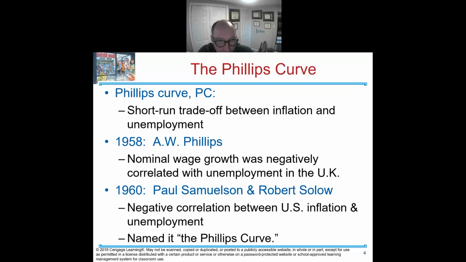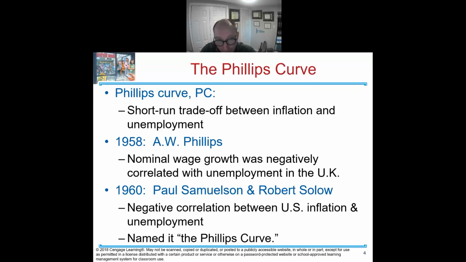And Dr. Phillips identified this relationship and what occurs with inflation in the short run. Dr. Phillips identified this correlation where inflation rates would go up when unemployment is low for a short amount of time.